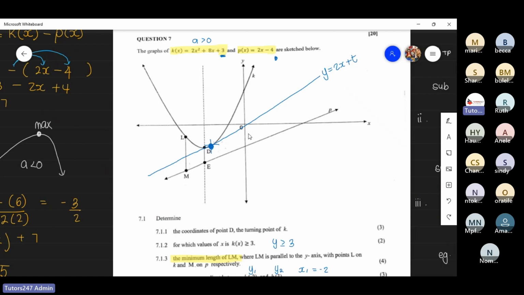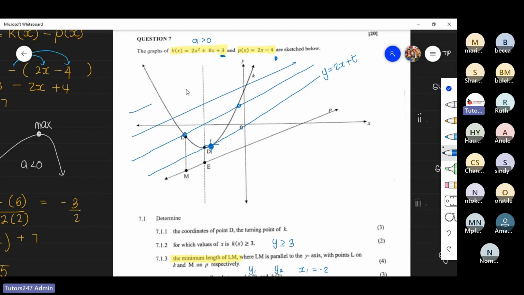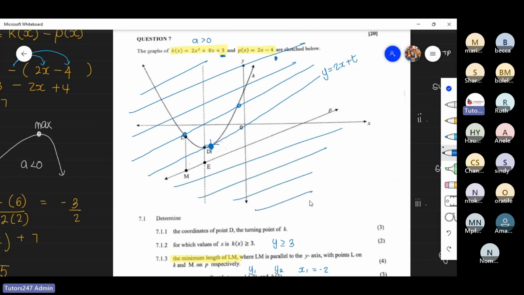So if we were to move this function too high, if our value of t is too high, that means that this graph or the straight line is going to cut k twice. If we continue to move it too high, it's going to continuously cut our function k twice. And if we move it too low, meaning our value of t is too low, it's not going to cut the function at all.